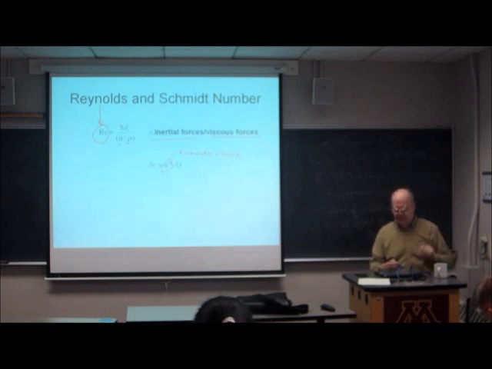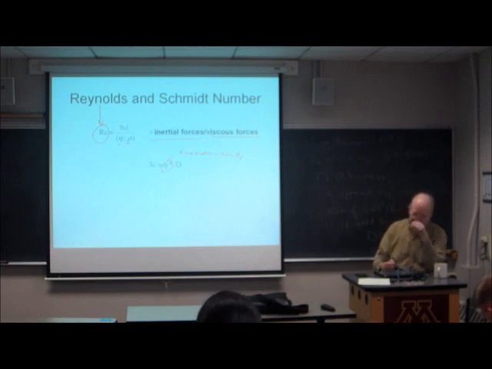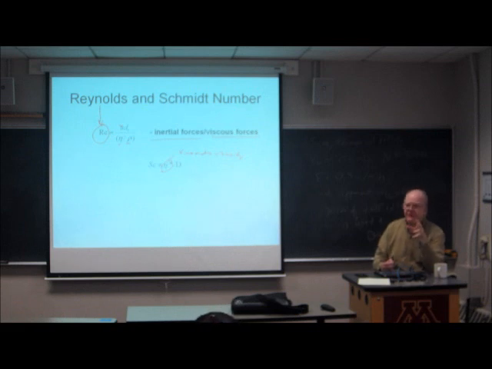If you work out the units, and you'll have to trust me on this, you use CGS units. Kinematic viscosity has units of centimeters squared per second in CGS. Diffusion coefficients in CGS have units of centimeters squared per second. So this ratio is dimensionless.